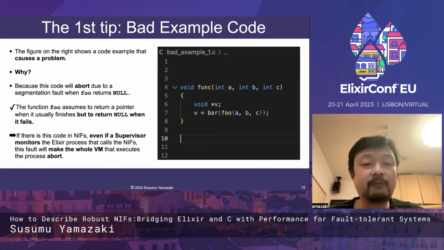So if there is this code in NIFs, even if a supervisor monitors the Elixir process that calls the NIFs, this fault will make the ERL VM that executes the process abort.